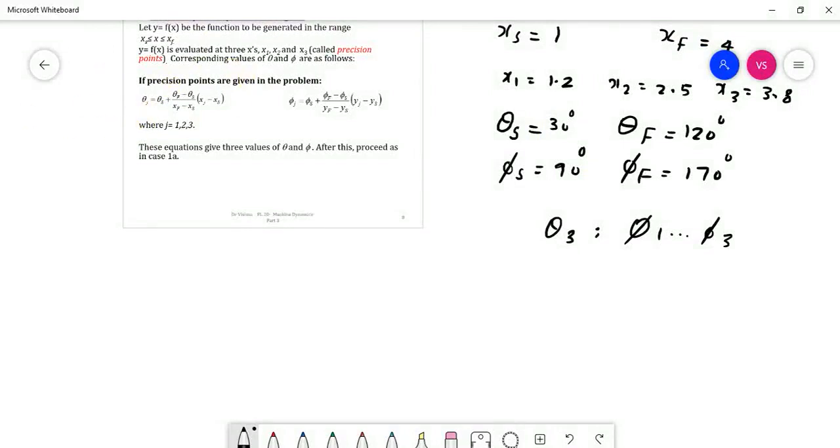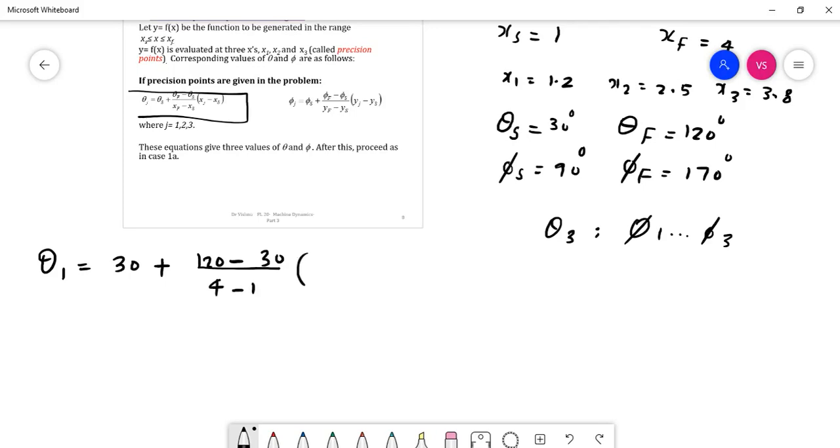First let me say j equal to 1. So theta 1, I am using this formula here, which says theta s is 30 plus theta f minus theta s, theta f is 120 minus 30, over xf minus xs, that is 4 minus 1, times, now I am doing theta 1, so xj will be x1.